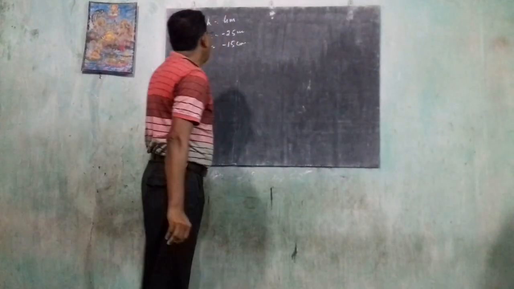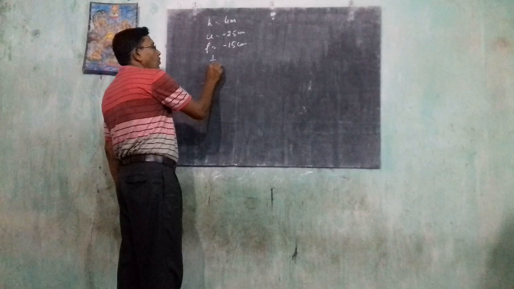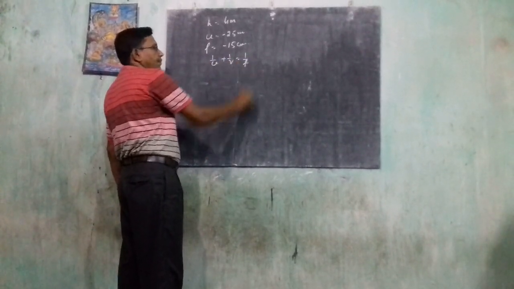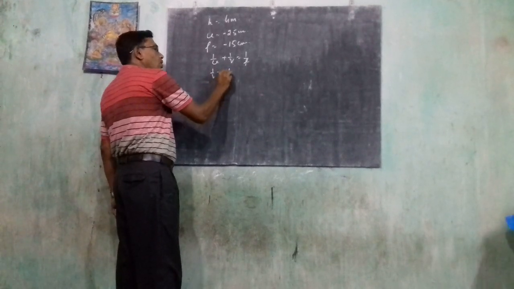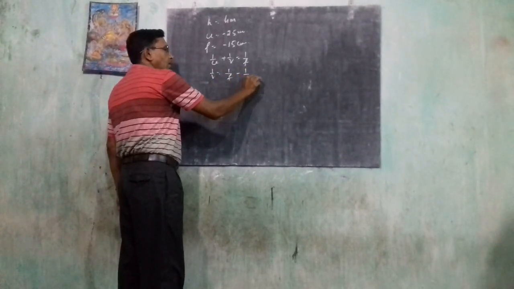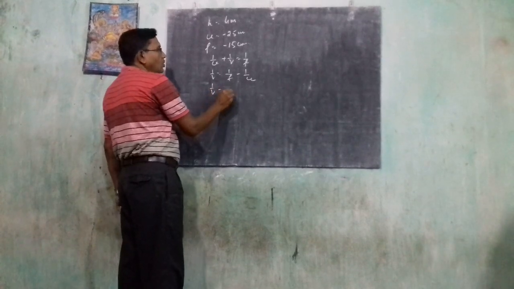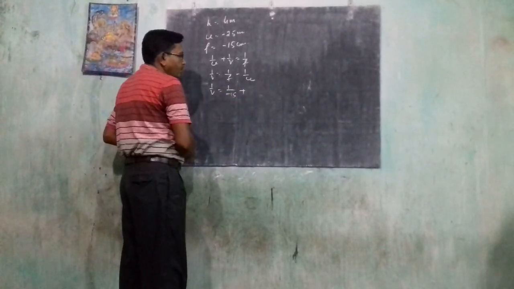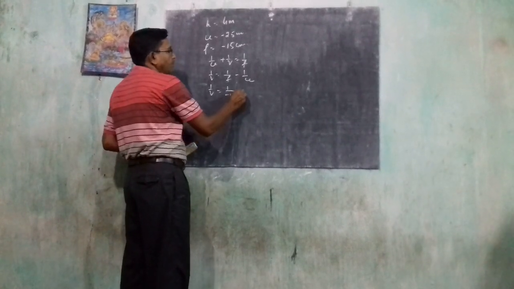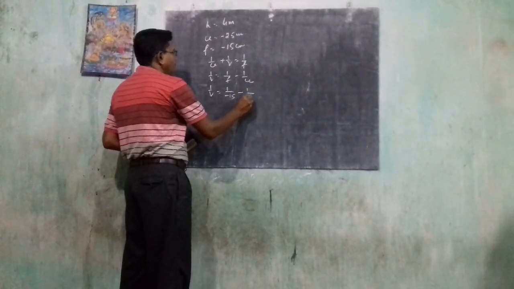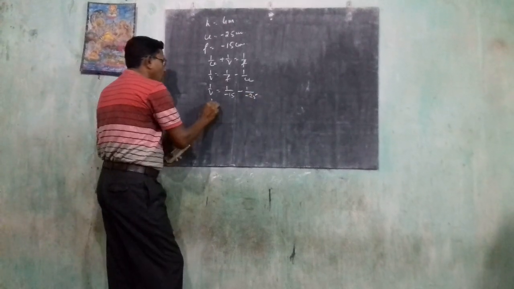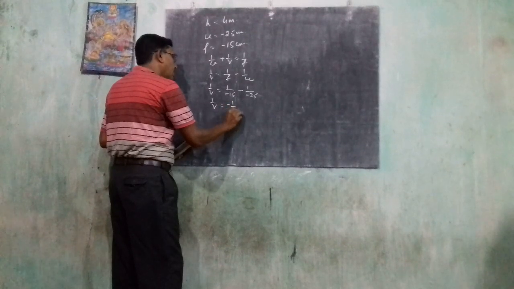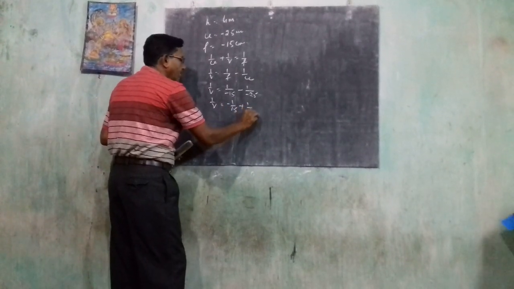By the mirror formula, 1 by u plus 1 by v equal to 1 by f, so 1 by v equal to 1 by f minus 1 by u. 1 by v equal to 1 by minus 15 minus 1 by minus 25, so 1 by v equal to minus 1 by 15 plus 1 by 25.